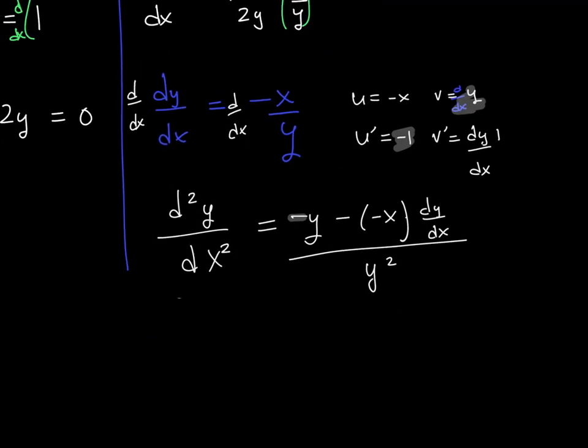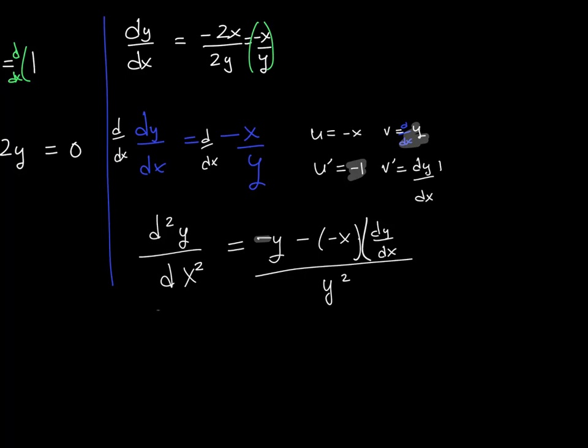Now we're going to go back and try that substitution trick again. We said before that dy dx, I can substitute all of that out and replace it with negative x over y.